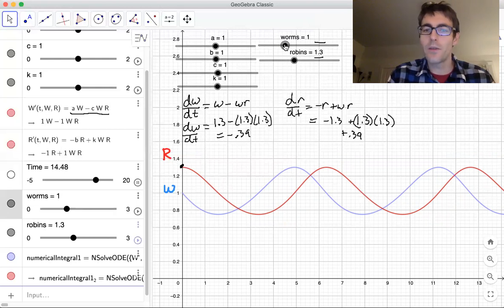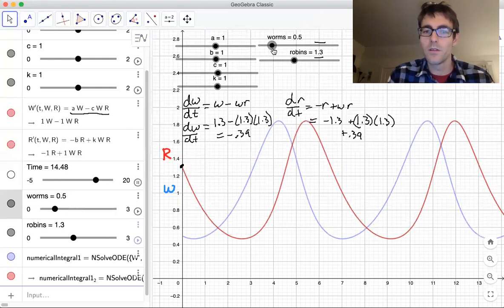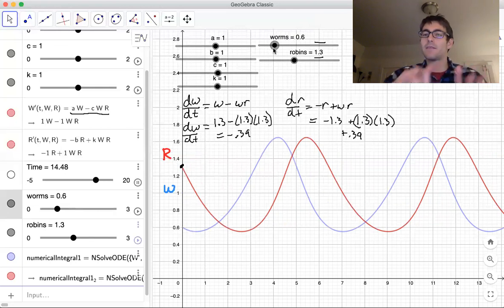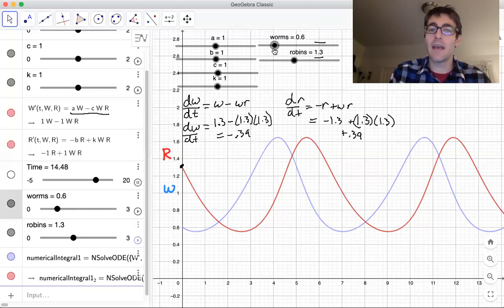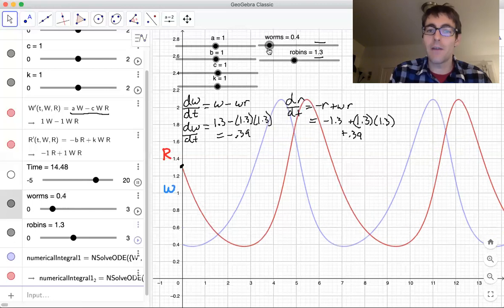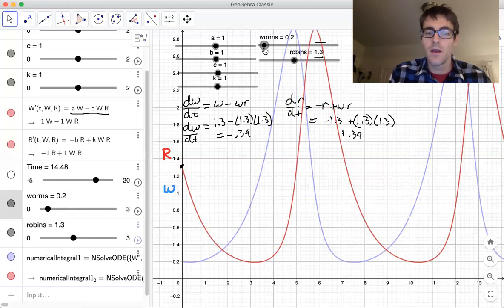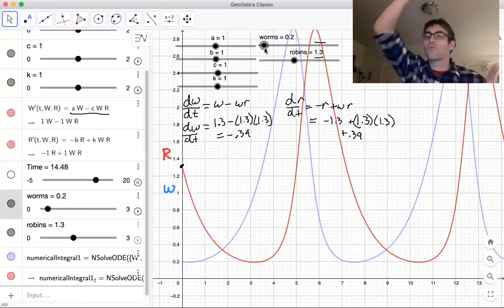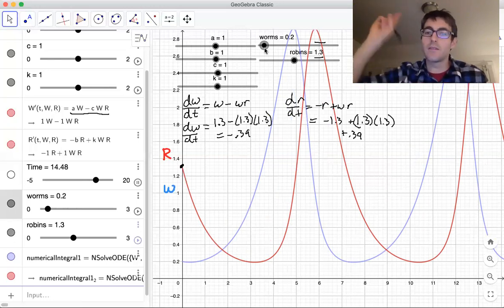Even if we started with relatively few worms, it might make it so that we get more extreme swings, but we still have a cyclic pattern. If we start off in an extreme case where we have very few worms, that's going to cause these really dramatic swings up and down.